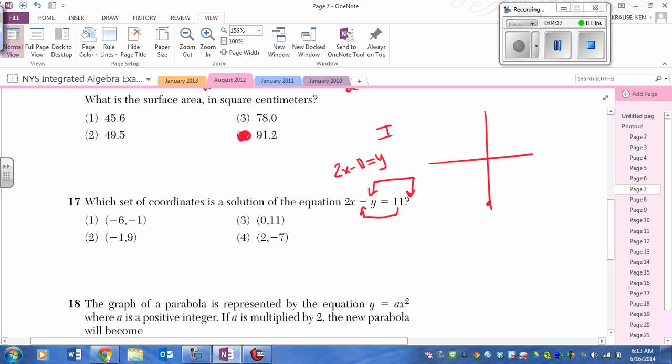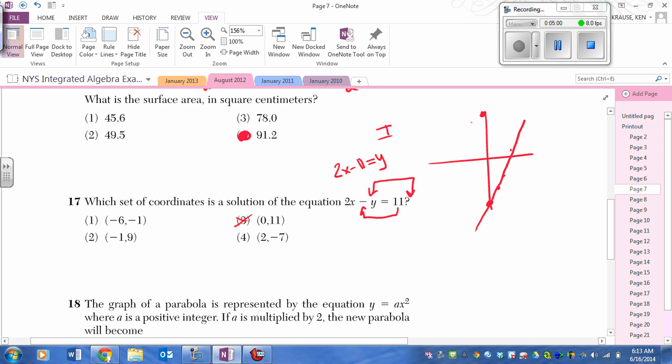So my y-intercept is negative 11, and my slope is up 2 over 1. It's graph paper, and of course there's graph paper on the final exam, so you could use that.